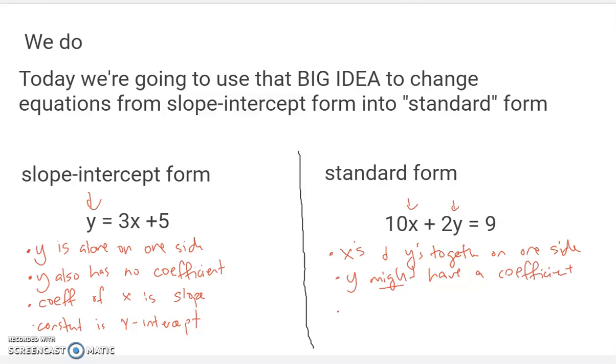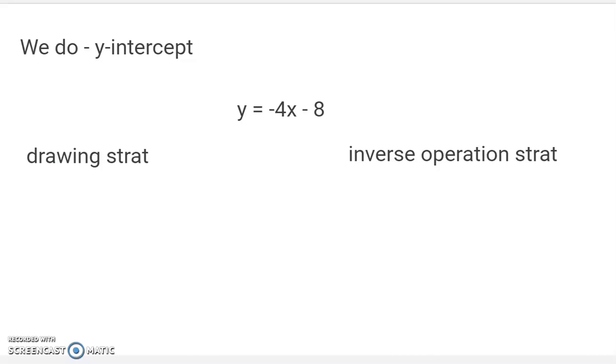Other thing to know is the constant is alone on the other side. And that's called standard form. It's not as useful, like this does not tell you the slope, this does not tell you the y-intercept anymore. You don't really get a lot of great information from standard form. There's some nice things you can do with it, which is why it exists in the first place, but it's not as handy.